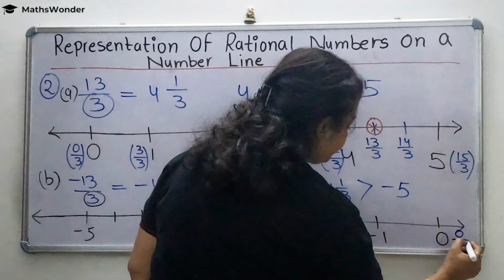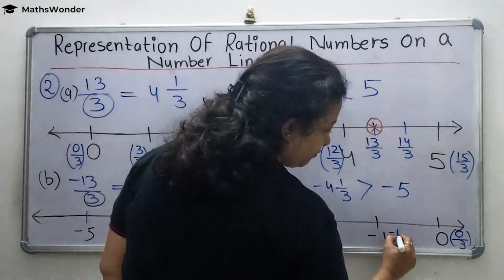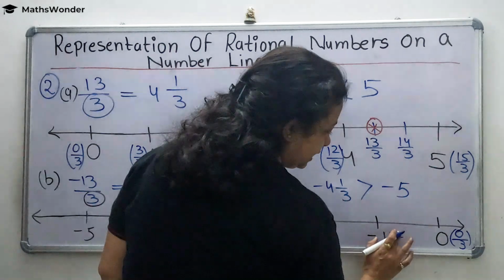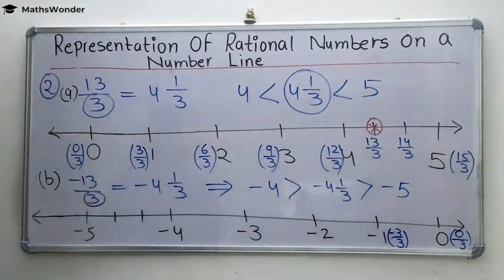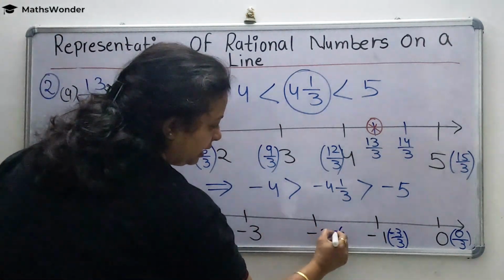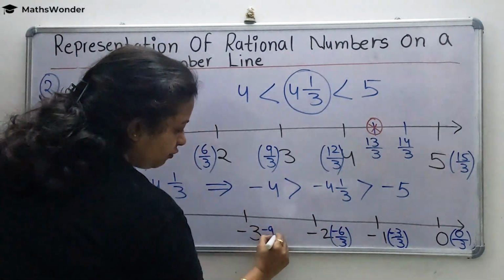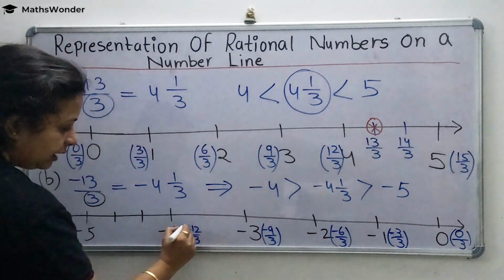So 0 over 3, negative 3 over 3. Negative 3 over 3 will give negative 1 when you simplify it. Negative 6 over 3, negative 9 over 3, understood? Negative 12 over 3 gives negative 4 when you simplify.